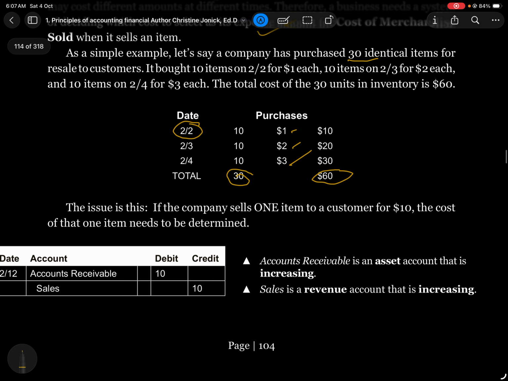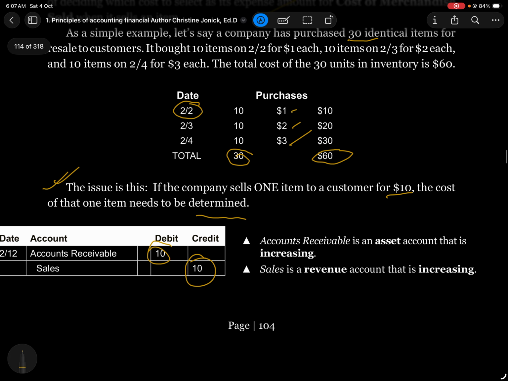So what's the issue? If the company sells one item to a customer, the cost of that item needs to be determined. If we are selling it at $10, we know that accounts receivable will be 10 and sales will be 10.